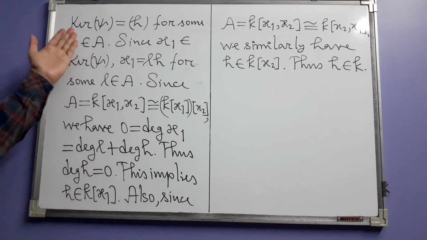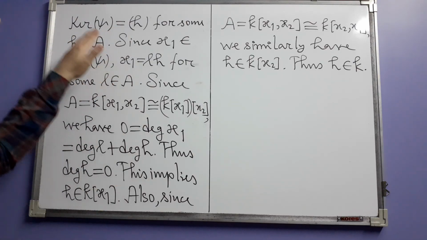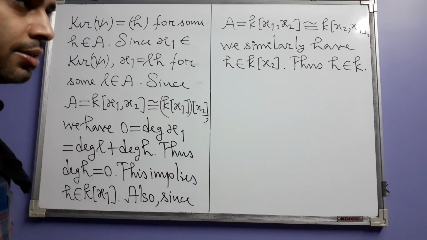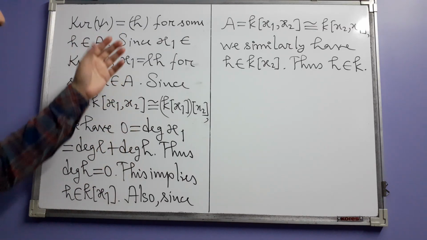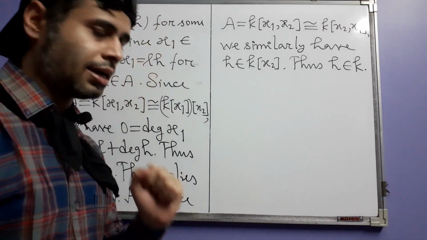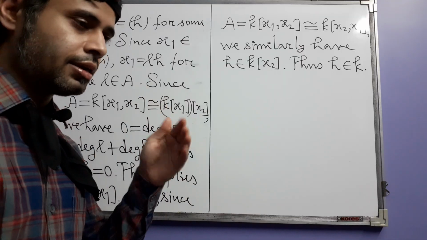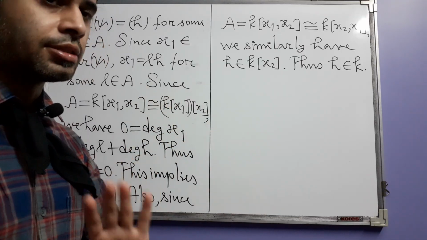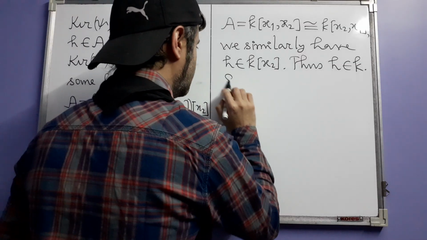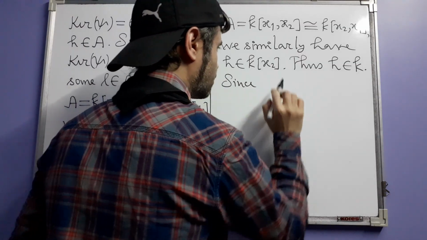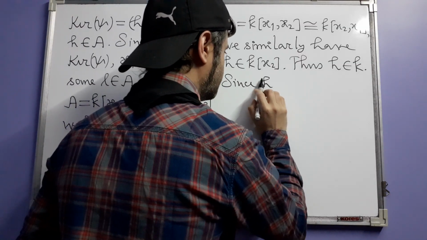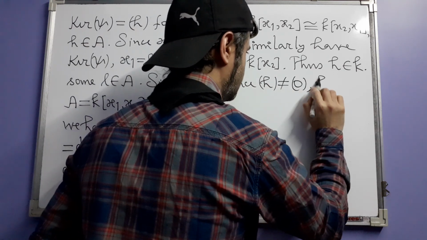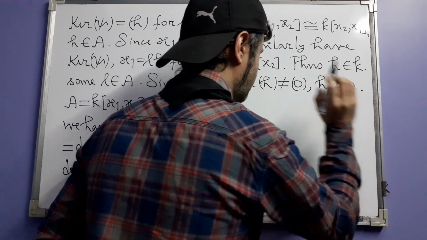Now, what is this kernel? Can this kernel be the zero ideal? No. Why? Because the zero ideal, of course, has only the zero polynomial. However, our kernel has x1, x2, these things are there. So it's not the zero ideal. Since this is not equal to the zero ideal, H is not equal to 0.